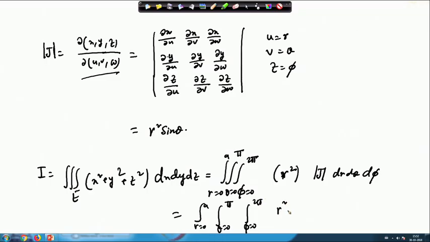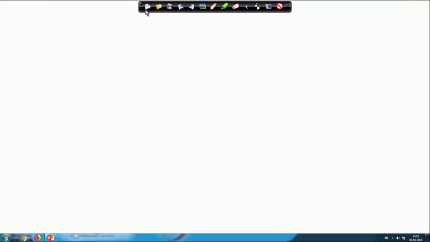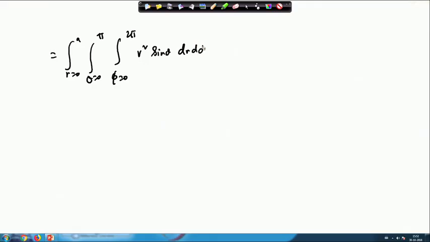This is r square, and the determinant of J is r square sin theta dr d theta d phi, so this whole thing reduces to the integral with r from 0 to a, theta from 0 to pi, and phi from 0 to 2 pi, of r square times r square sin theta dr d theta d phi.